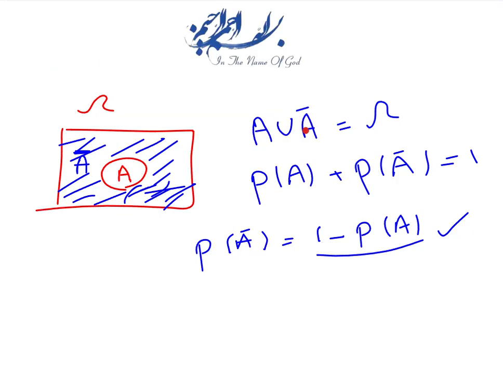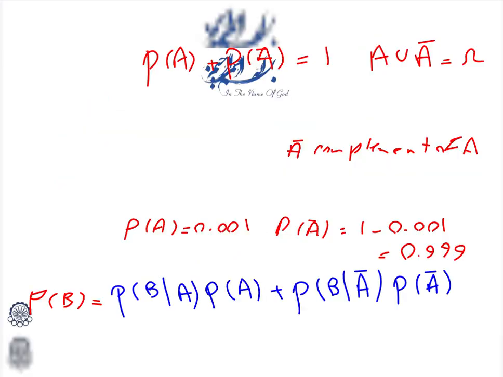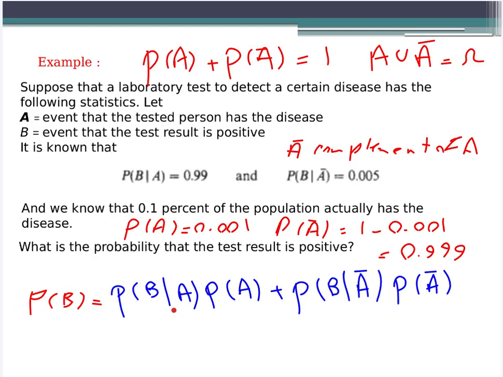As you can see in these slides, A and A bar are disjoint. It means that the intersection is empty, and also the union of A and A bar is equal to the sample space. So A and A bar are partitions of this sample space. So we can use the total probability theorem and this formula.